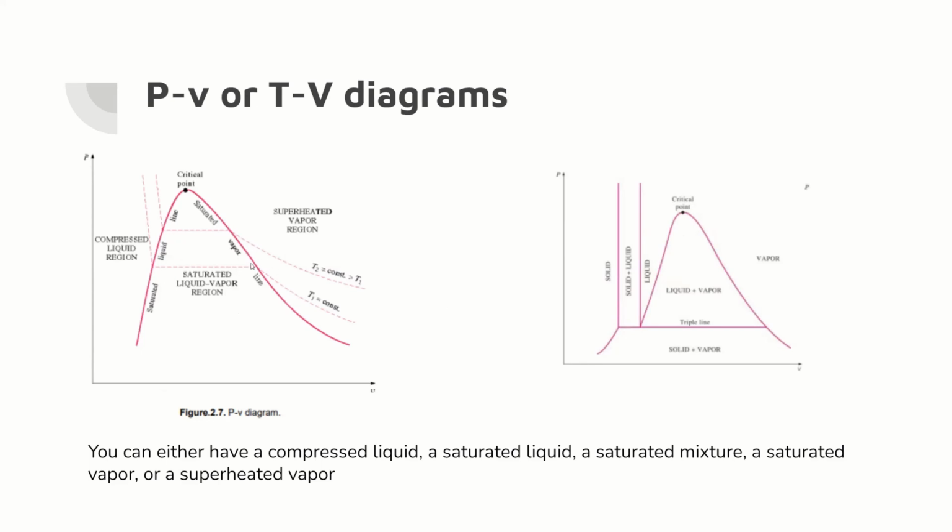If you're close to 1, or 100%, then you're getting closer to the vapor line. If you're at 1 exactly, then you're directly on the saturated vapor line. If your quality is directly equal to 0, then you're on the saturated liquid line. So x is equal to 0 for here, x is equal to 1 for here.